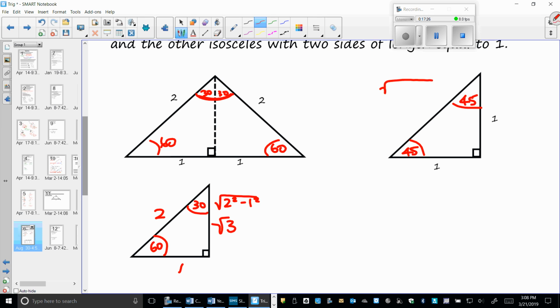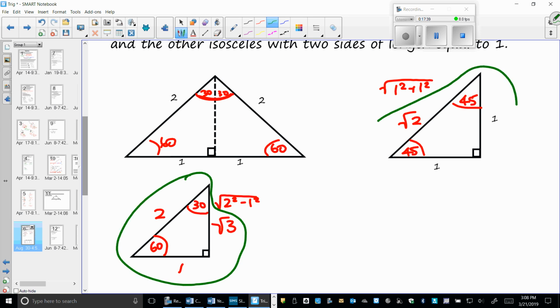But this time it's the hypotenuse, so it's 1 squared plus 1 squared, which is root 2. So you just need to learn these triangles. Now you might think that's really hard, but it's not really. And if you remember how we got it, it's even easier.